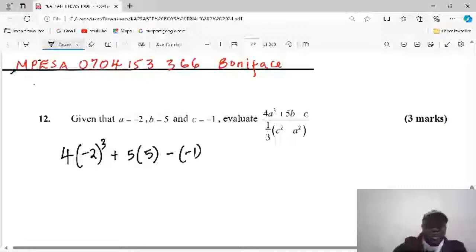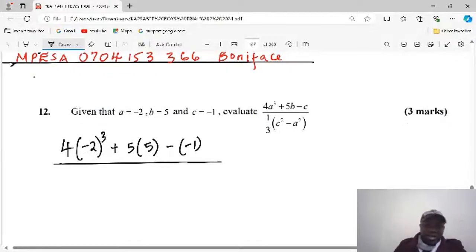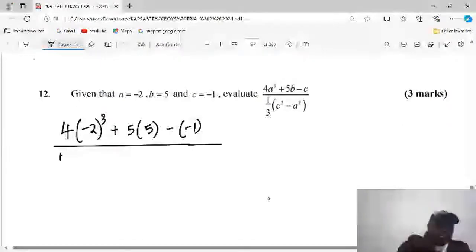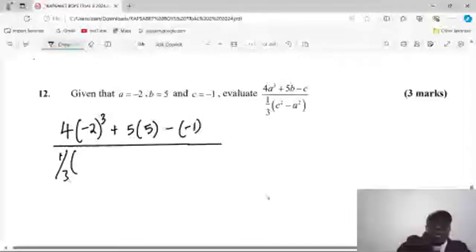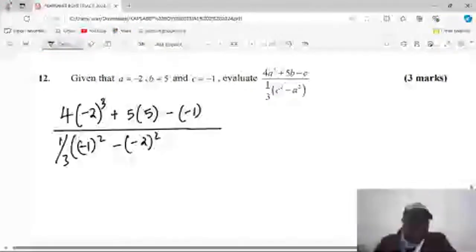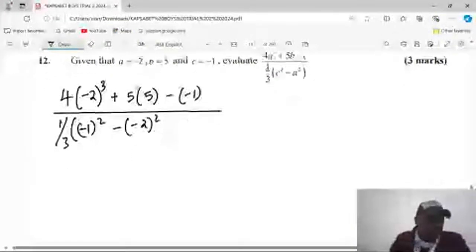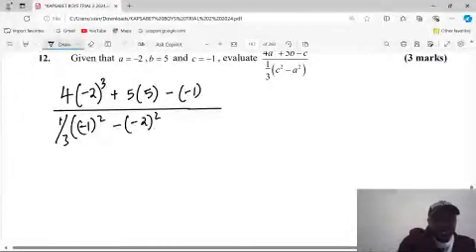Careful, more so when the values involve a negative. Divided by a third, the value of C squared, -1 raised to power 2, minus A also squared, -2 also squared. We can work out, because there are 3 marks, we are not supposed to rush. Let's just get our marks slowly.